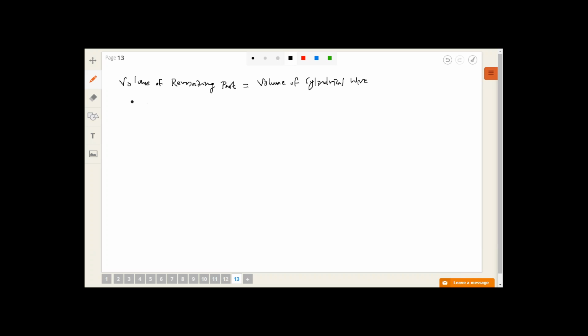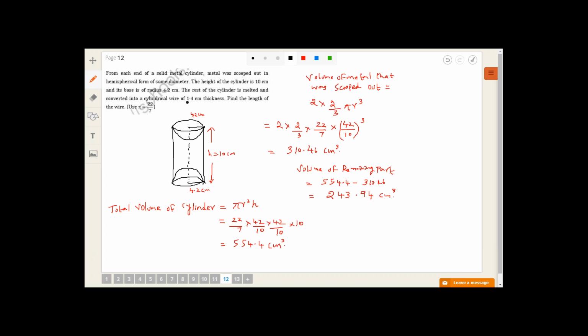Again, the volume of the cylindrical wire can be written as pi r square h, or it can also be written as pi r square L, where L is the length of the cylindrical wire which we need to find out, and r of the cylindrical wire is to be found from the 1.4 centimeter thickness.